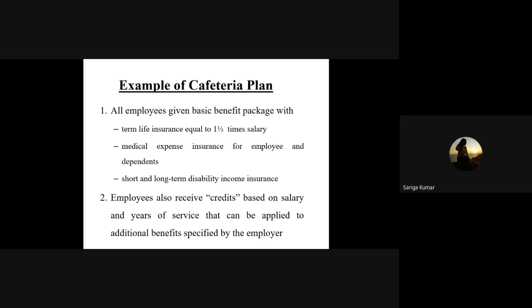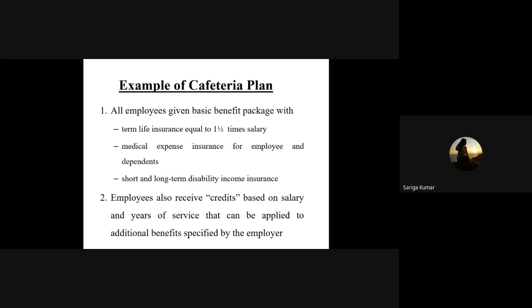Medical expenses or insurance related to that, for an employee as well as the dependents in his family. Short and long term disability income insurance: if something happens, for example if they are working on machines, the company will not pay, the insurance companies will pay, because the premium of that insurance is paid by the company.